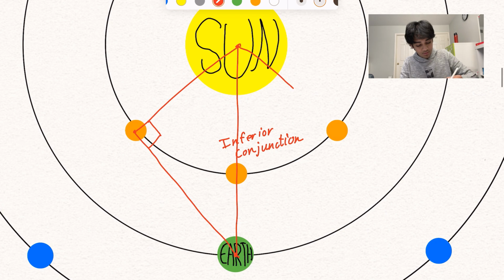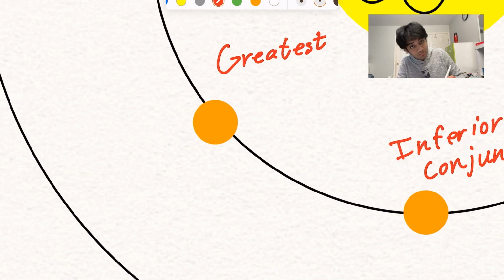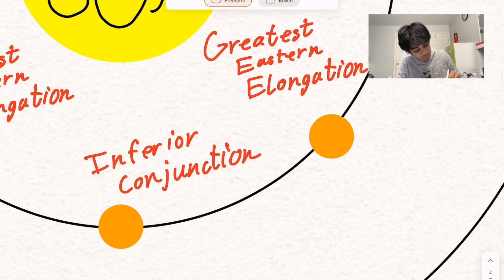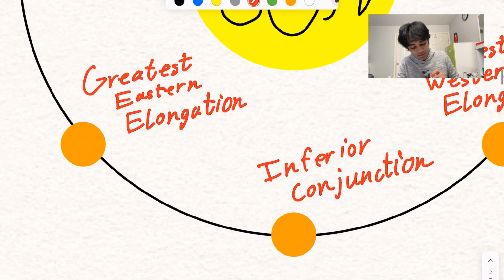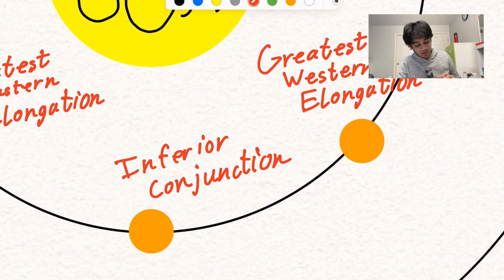We can do the same thing over here and make another right angle triangle. These positions are called greatest eastern elongation, and the one over here is called greatest western elongation.